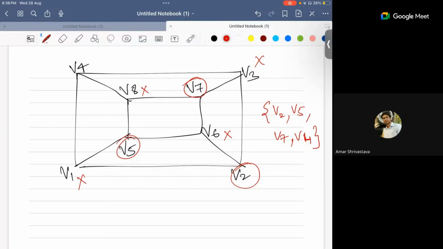So can we have one more example of this? Minimum vertex cover. Yes, sir.